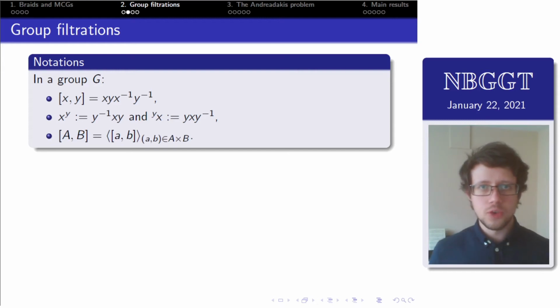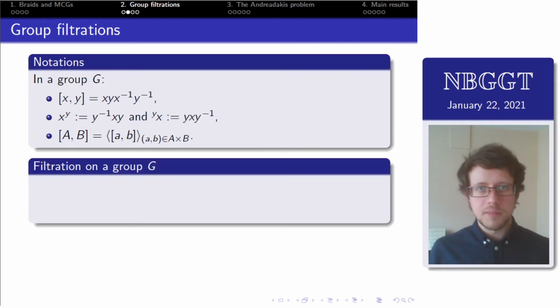And as usual, if we take two subsets of our group, A and B, then the bracket of A and B is the notation used to denote the subgroup generated by commutators of elements of A with elements of B.